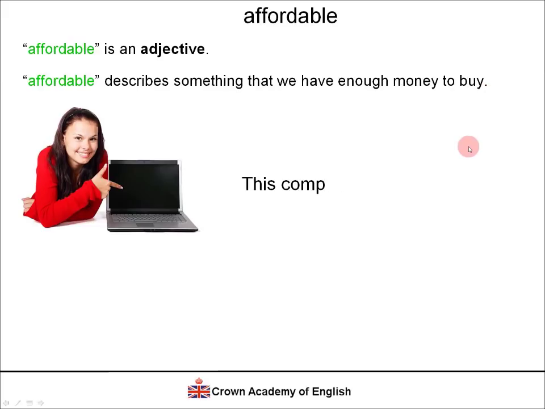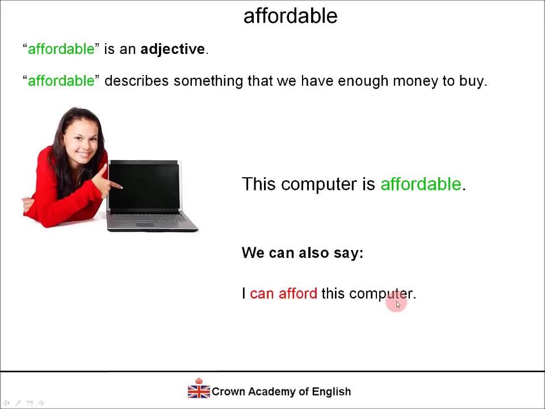Example: this computer is affordable. Okay, so this simply means that we have enough money to buy this computer if we wanted. And as we have already seen, we can also say, I can afford this computer. Or, I can afford to buy this computer.